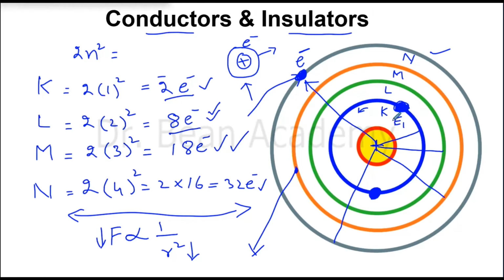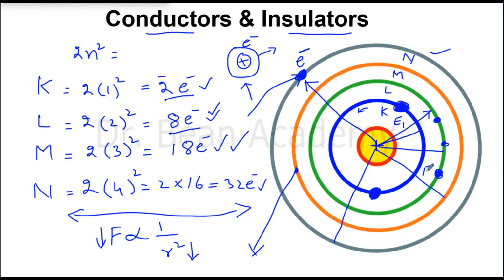But if I go a little away, the electrostatic attractive force is weak, and if the orbit is not completely filled, for example, the second shell needs 8 electrons but suppose for a material it is not completely filled and there are only 2 or 3 electrons, then it will be a bit easy to snatch an electron, and that energy will be less than E1.